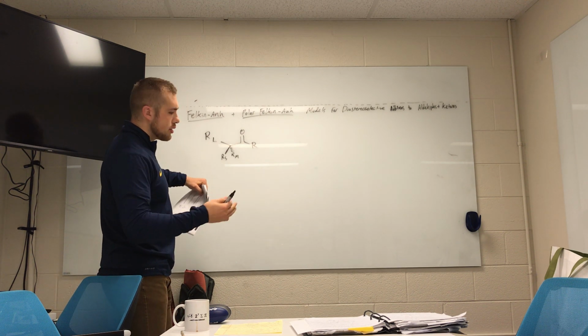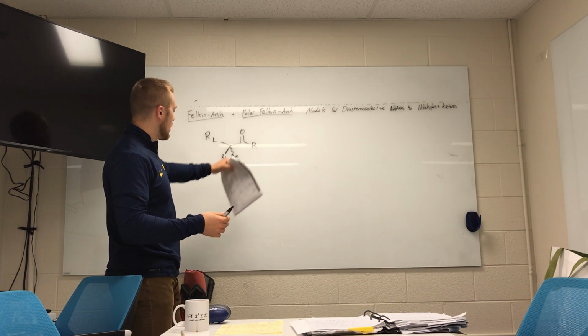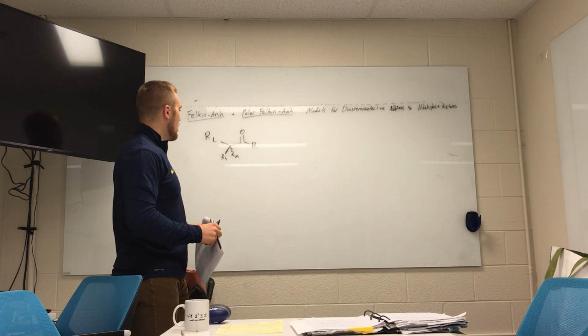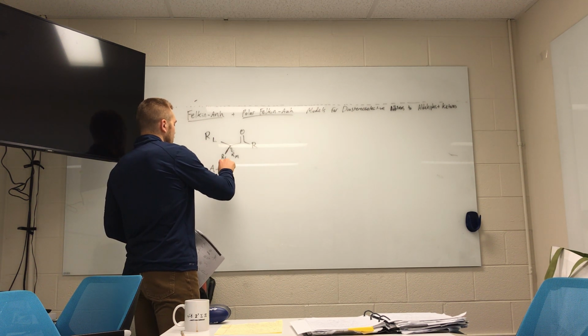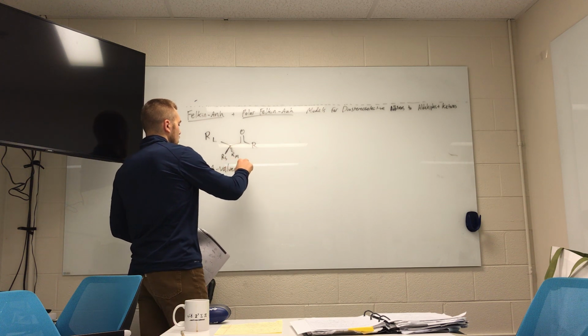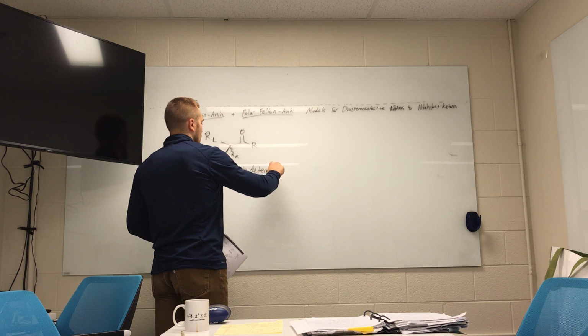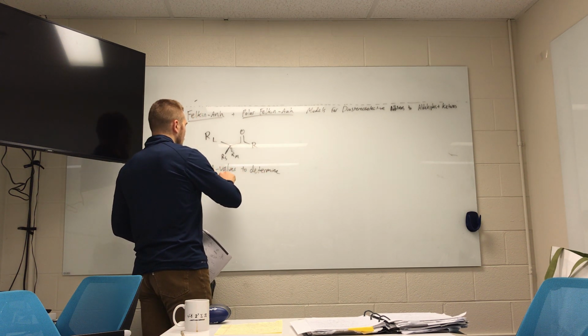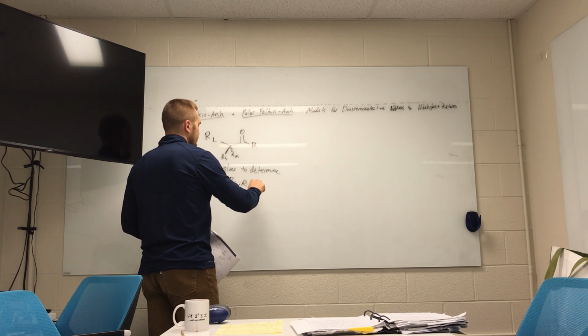L denotes the largest carbon group, or the largest R group, S the smallest, M the medium. And typically we can use A values to determine our L, our S, our M.